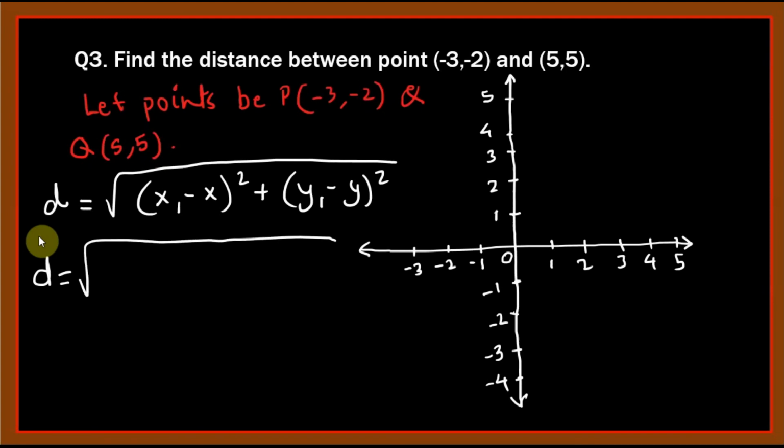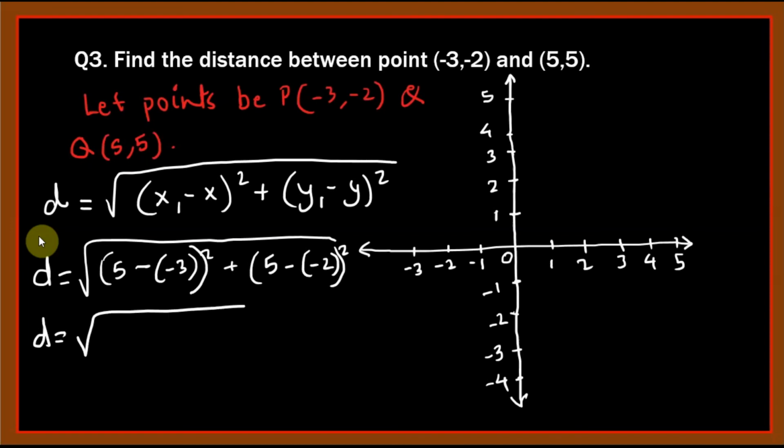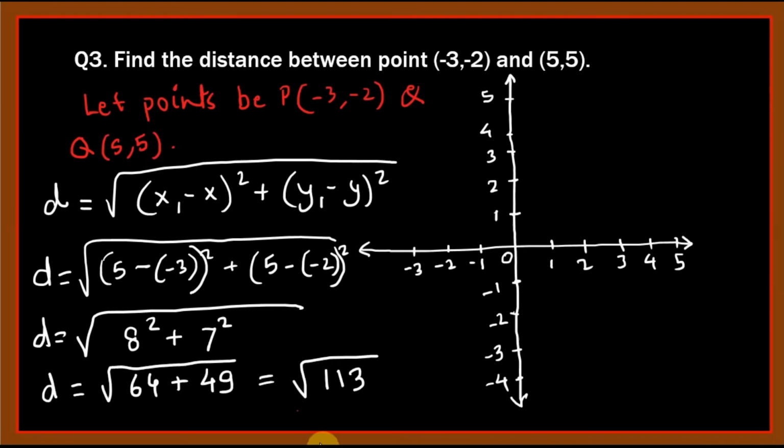Now d is equal to square root of 5 minus -3 the whole square plus 5 minus -2 the whole square. D is equal to square root of 8 square, because 5 and -3 becomes 8, plus 7 square, because 5 and -2 becomes 7. So d equals square root of 64 plus 49, which is square root of 113.